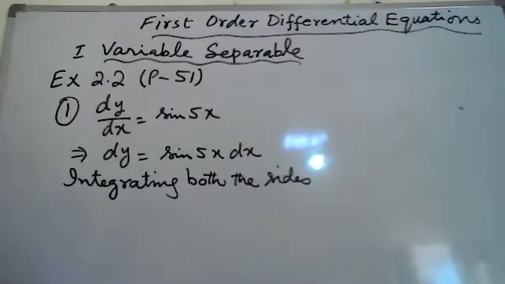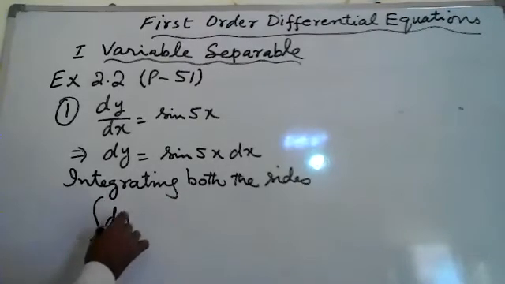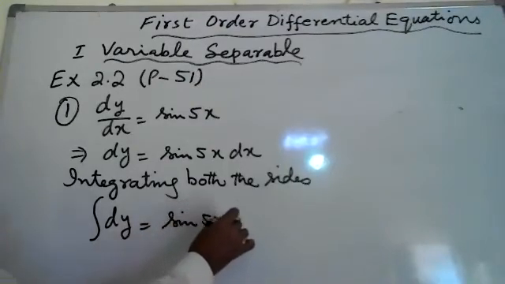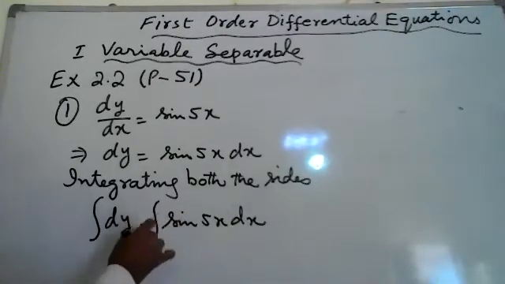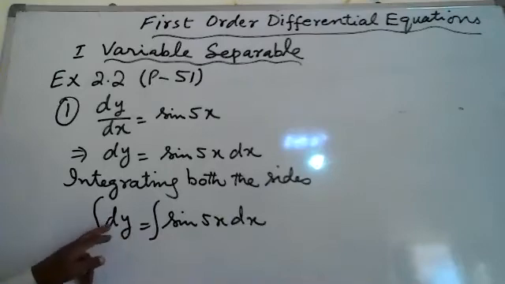Okay. Integrating both the sides, it will become integral of dy. Here the derivative is cancelled by the integration because derivative and integration are opposite to each other. dy means the derivative of y.